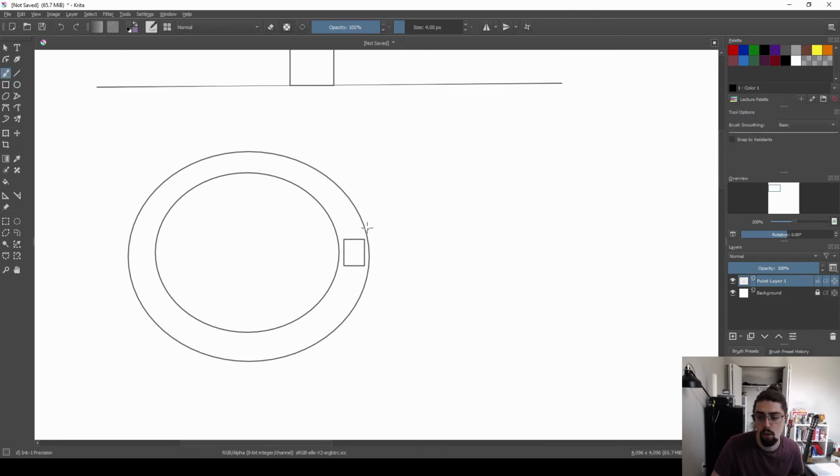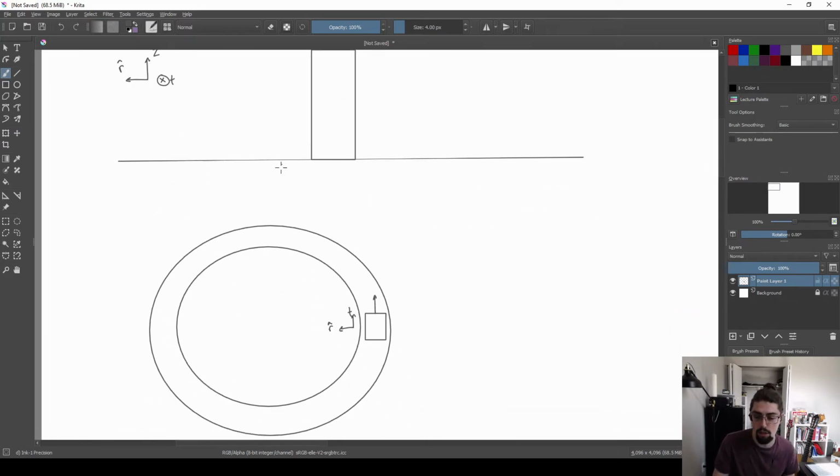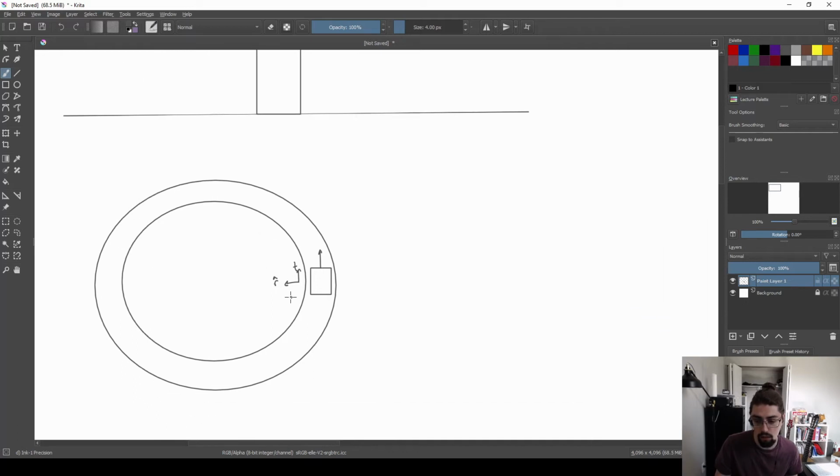If our cart is going like this, then here's our R direction. Here's our tangential direction. So I would say R, Z, and then my T direction goes like this, into the page. Whereas Z, in this case, would be out of the page, like this.